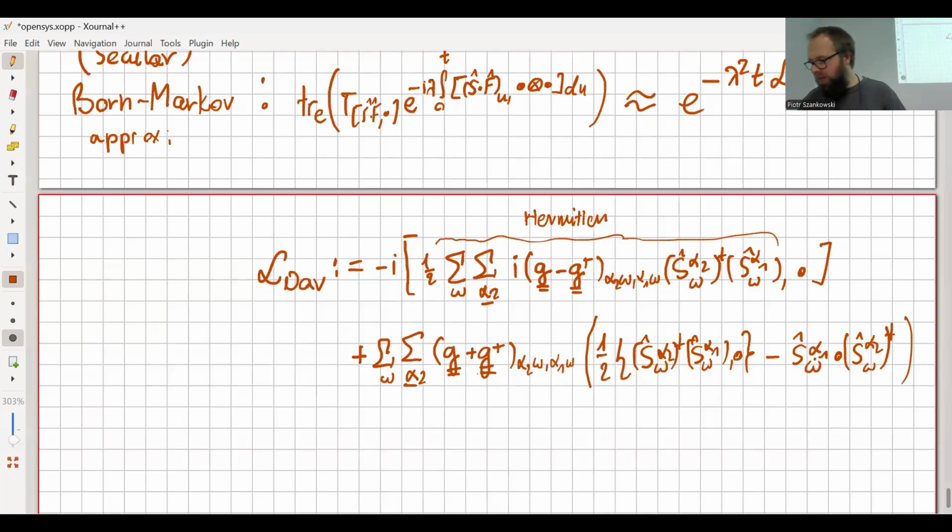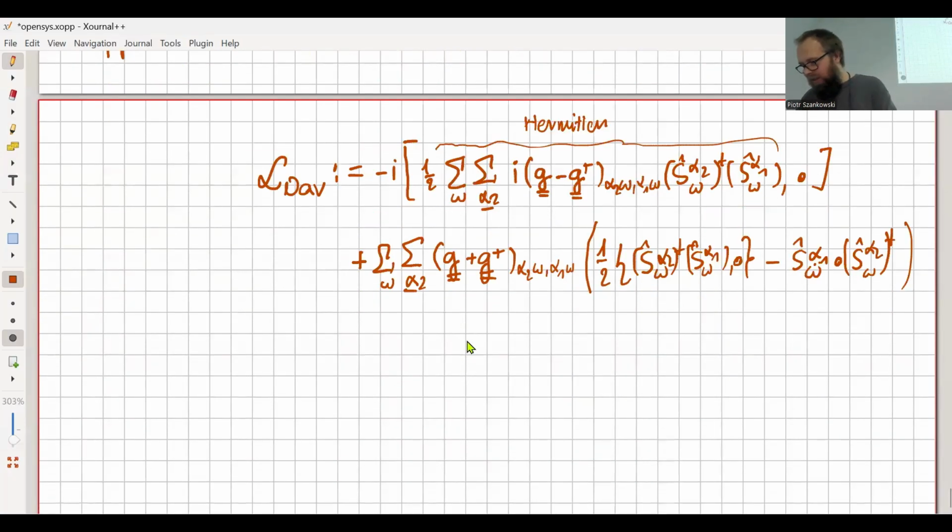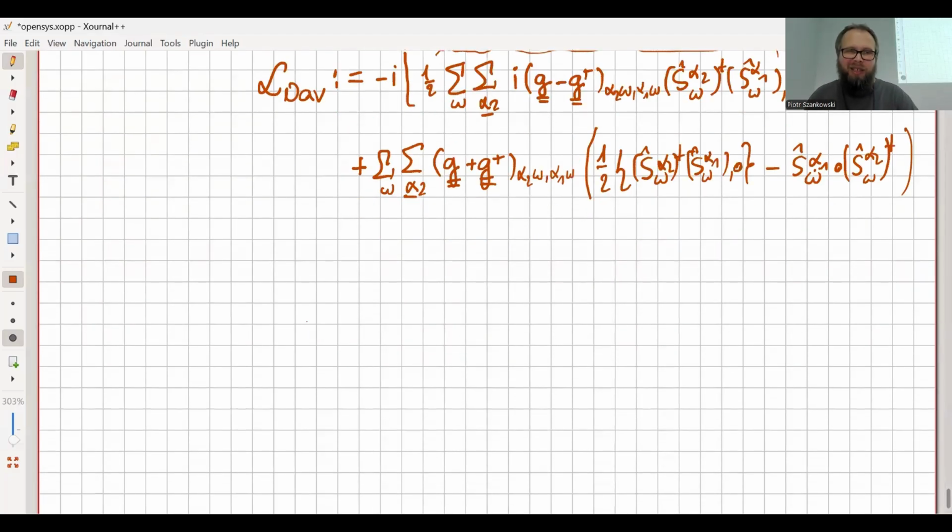So this is what I will call the Davis generator. And it is of GKLS form. So we can say that minus lambda squared L DAV actually equals L GKLS when we made the following identifications.